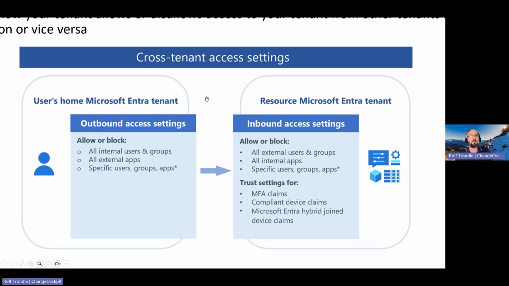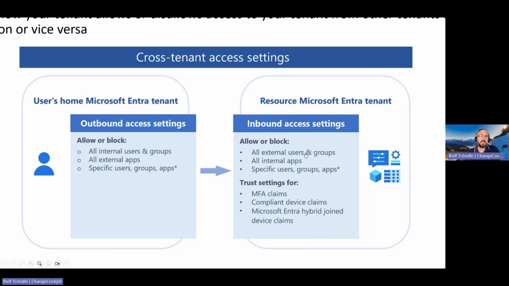We need the outbound part for the user who wants to access the resources in the other tenant, and then in this tenant we need the inbound part, and vice versa if we want to work together. So the resource tenant also needs to configure allow or block for user access, app access, and so on.